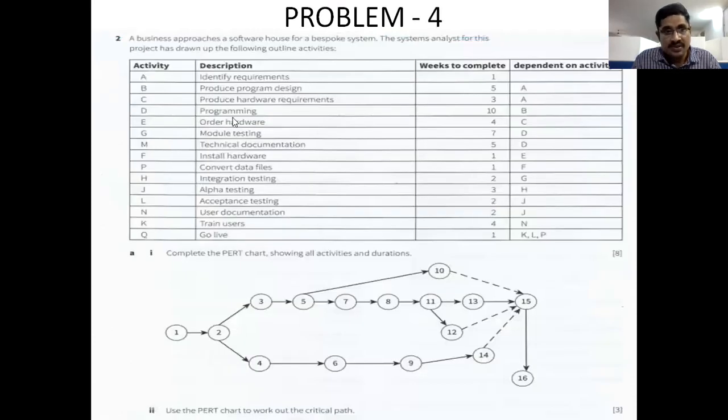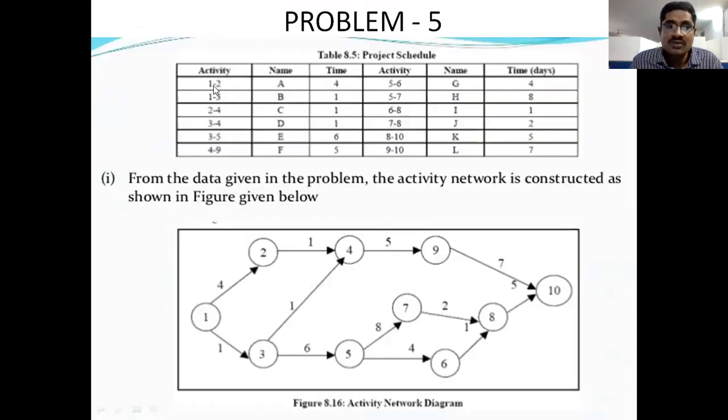So in the previous problems, we have A, B, C, D like this, alphabeticals. And the preceding activities also we have A, B, C, D, E, G like this, English letters. But here we have figures, numbers 1 to 2, 1 to 3, 2 to 4 like this. In this model, we have no preceding activities.